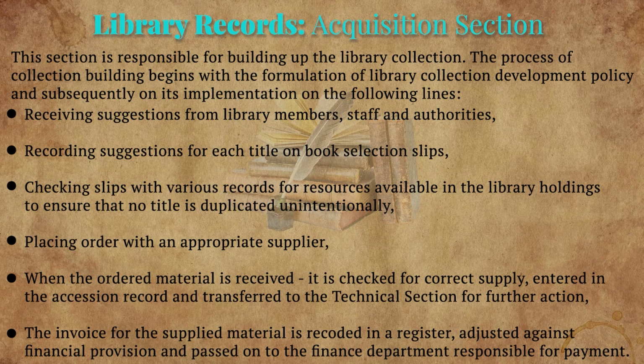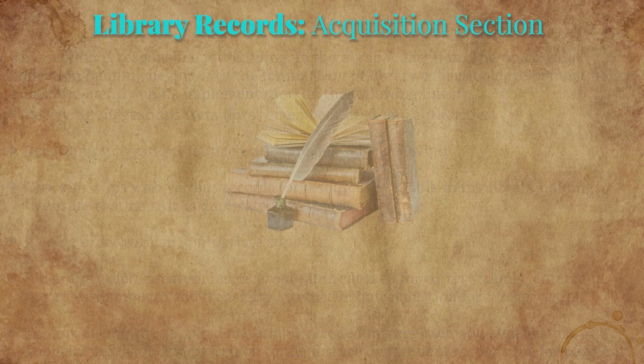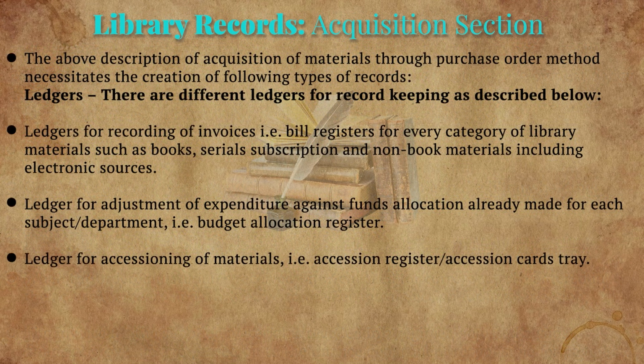Then the invoice file. Then all these things when they come should be properly maintained, and there should be a ledger. There are different ledgers to keep, as described below. Ledgers for recording of invoices, that is the bill register, for every category of library material such as books, serials, subscriptions, and non-book materials, including electronic sources.